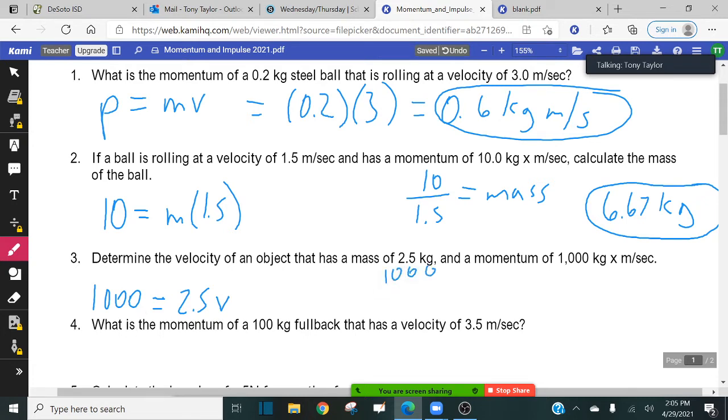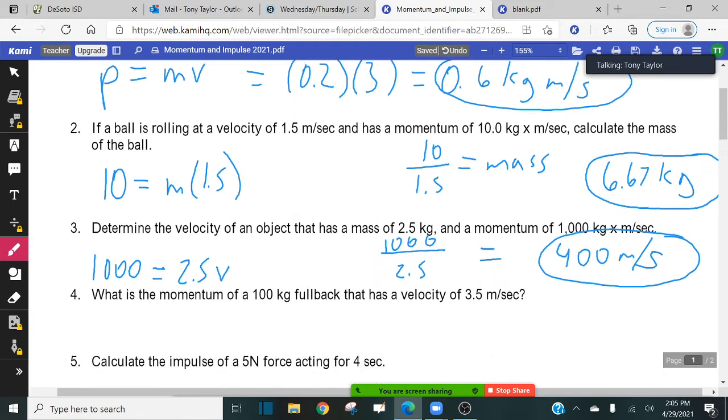So 1,000 divided by 2.5 gives me a velocity of 400 meters per second. That is the answer for this question. Notice my units: I'm using the units for velocity, meters per second.